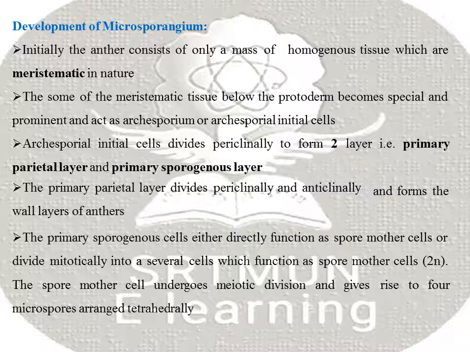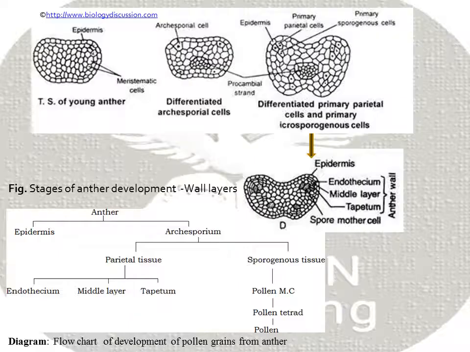The spore mother cell undergoes meiotic division and gives rise to four microspores arranged tetrahedrally.